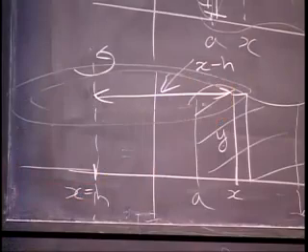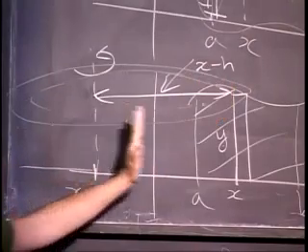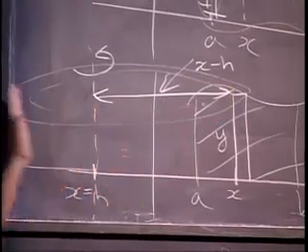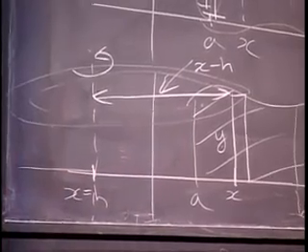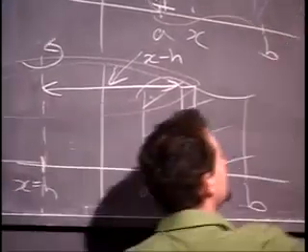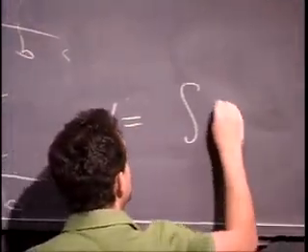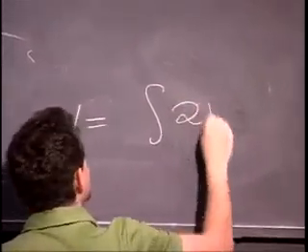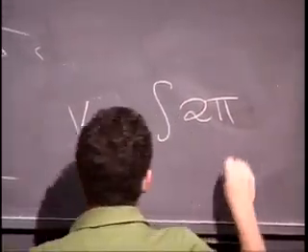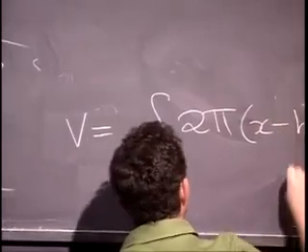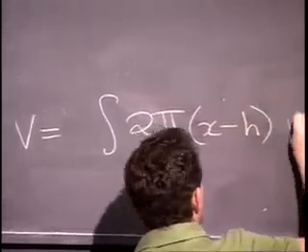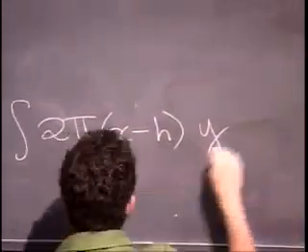So again, it doesn't matter if this vertical line was, say, sitting here or here or here, anywhere. You will still get x minus h. So now, the volume is the integral, and we're going to use shells, 2 pi, the radius, instead of x, we have x minus h, and instead of y, well, we still have the height y.